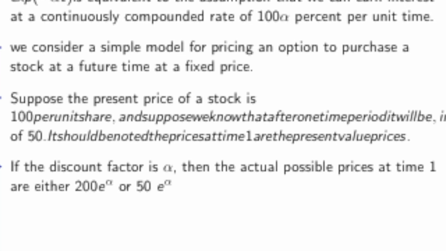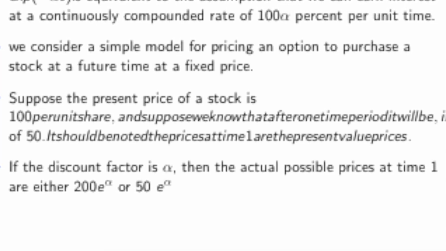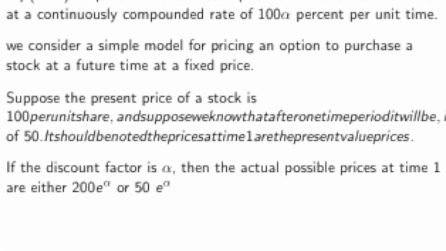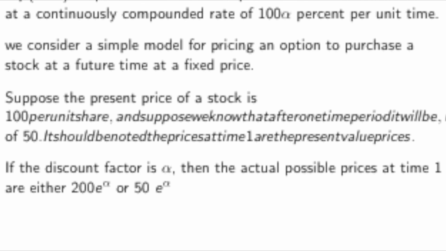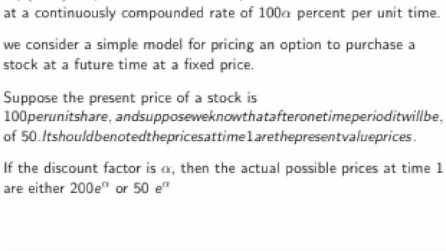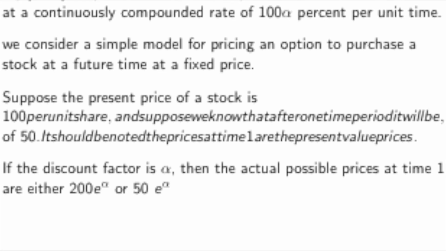It should be noted that the prices at time 1 are in present value. If the discount factor is alpha, then the actual possible prices at time 1 are either 200 times e to the alpha or 50 times e to the alpha.